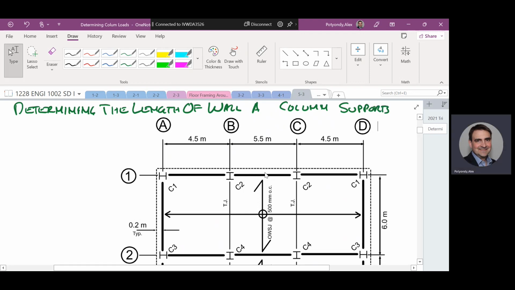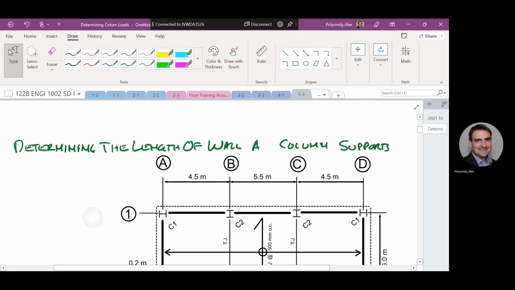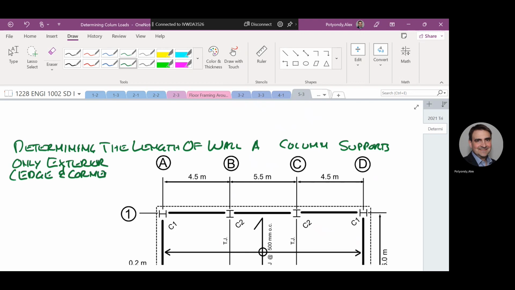Well, the first thing we can recognize is that only exterior columns, and that includes edge and corner columns, support wall or parapet.